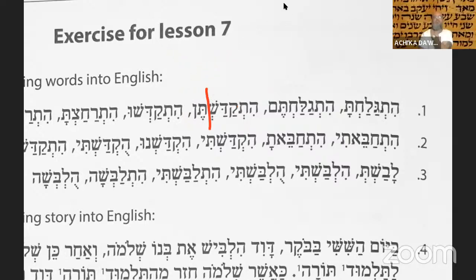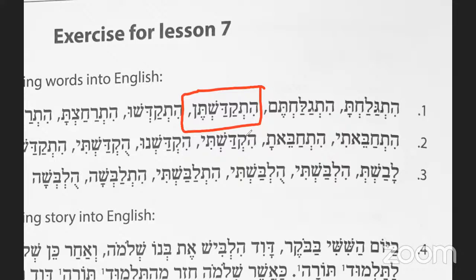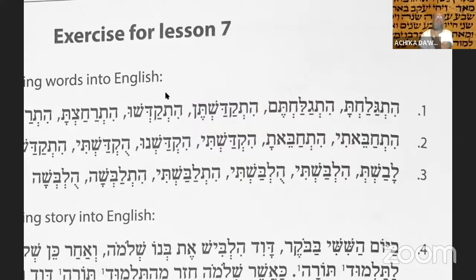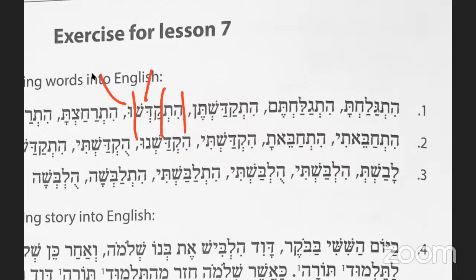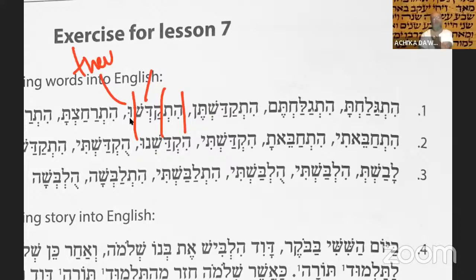Okay. So don't get all puzzled because you see something with eight letters in it, or ten. That doesn't mean anything to you now because you know it's nothing but pieces of a puzzle. So Kadash is here. The u on the end is what? We. I'm sorry, they. Oh, they. Yes.